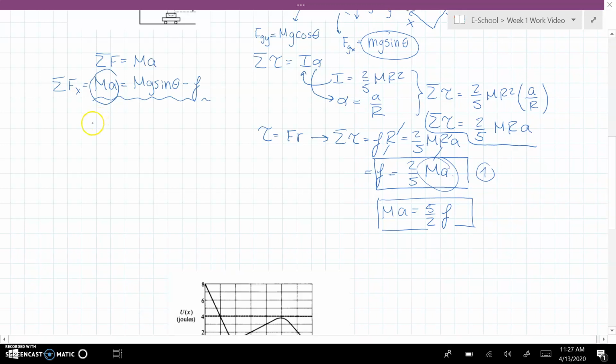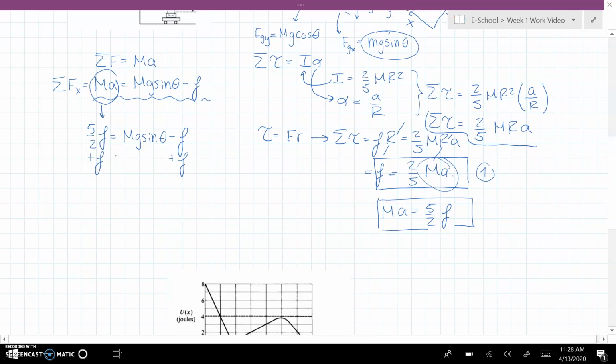So let's plug in ma. So that gives me 5/2 force of friction is equal to mg sine of theta minus the force of friction. I'm going to group my like terms, so I'm going to add friction from this side, add friction from this side.